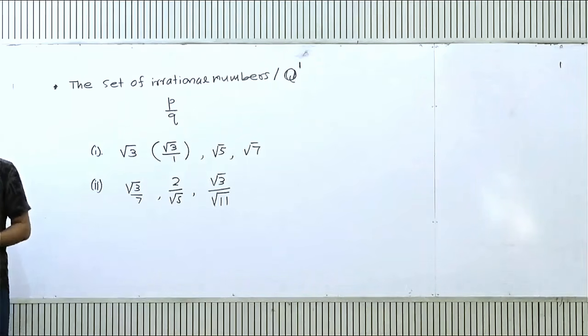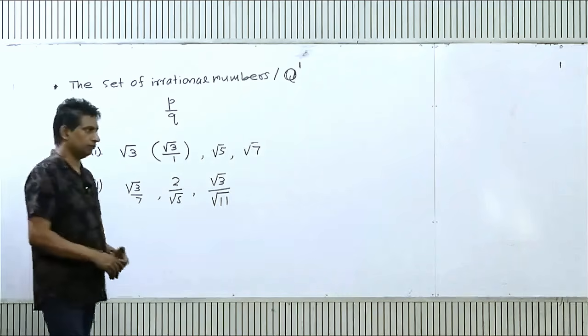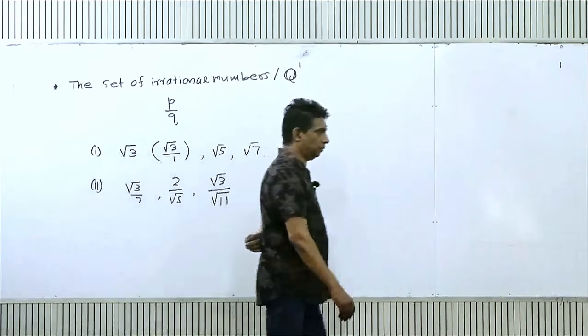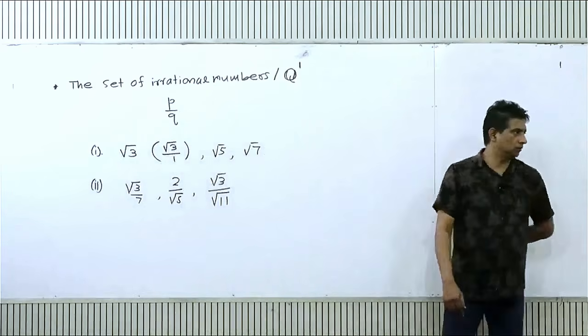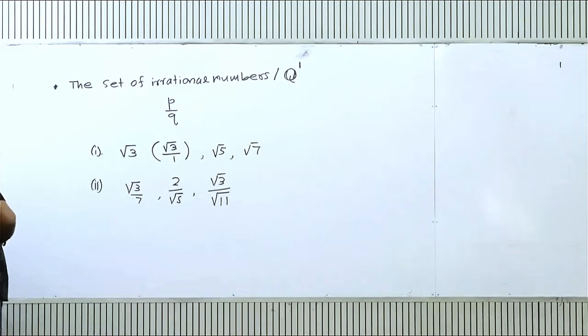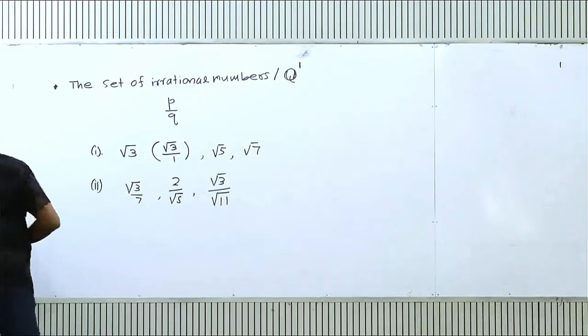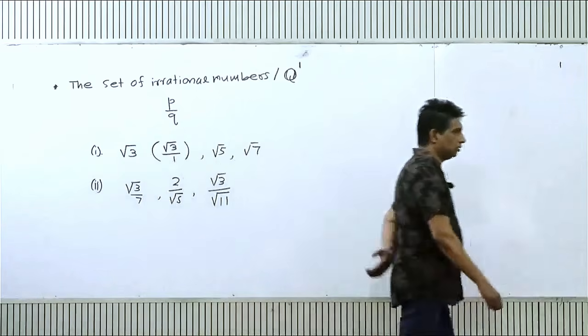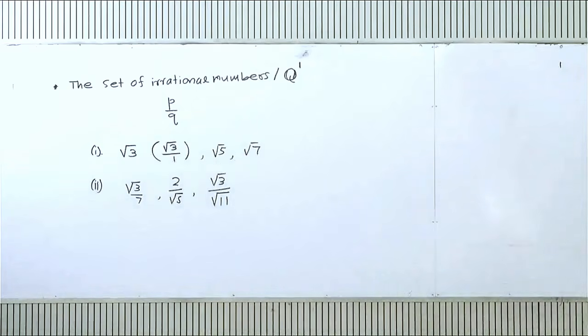The numbers that cannot be expressed in the form of P over Q are called irrational numbers. Now write down the given examples.